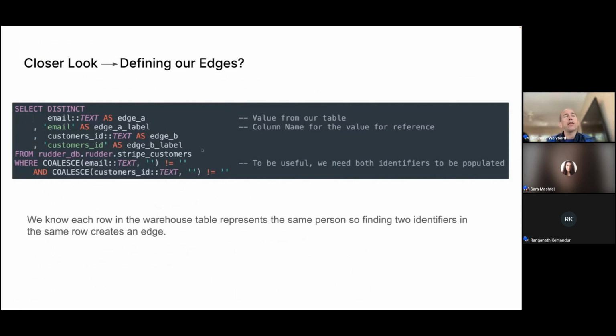It's important to note that we only want records where both of these values are present. If we only have an anonymous ID and no user ID, or an email and no customer ID, then, like in the game of dominoes, you just end up with a terminus in our graph, which isn't very helpful.